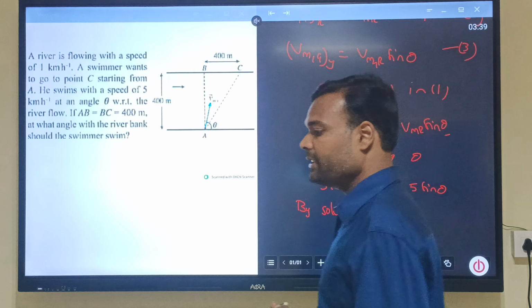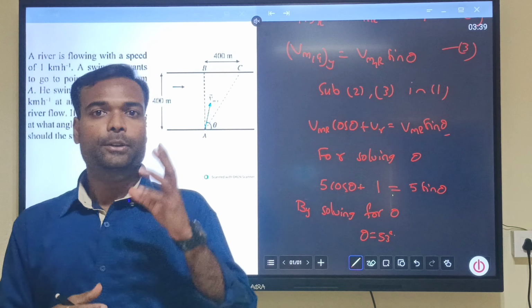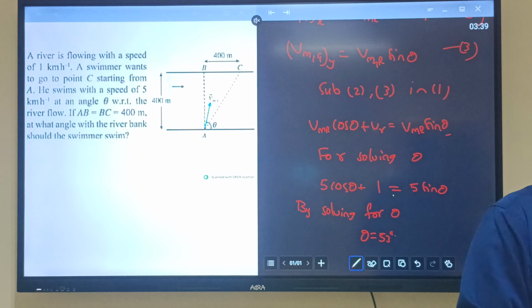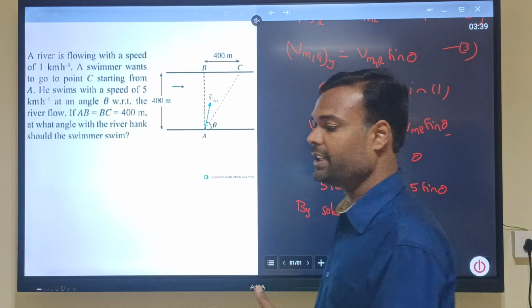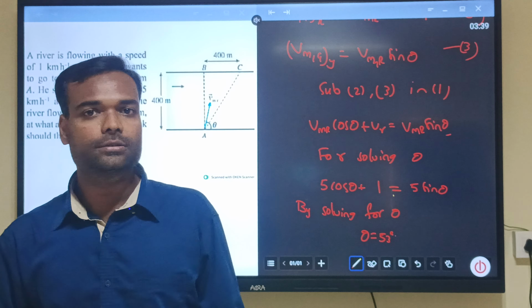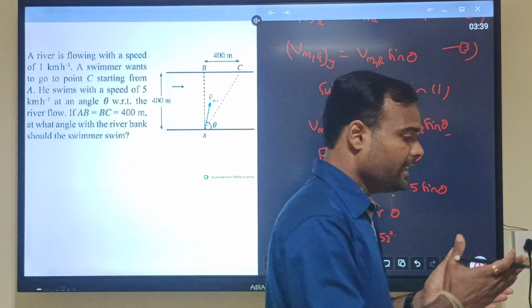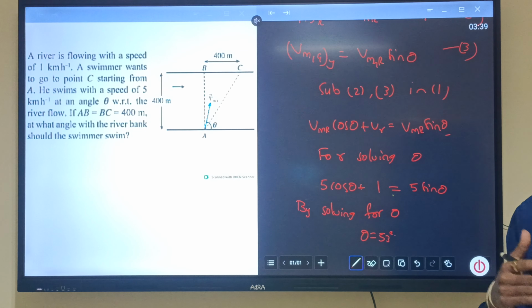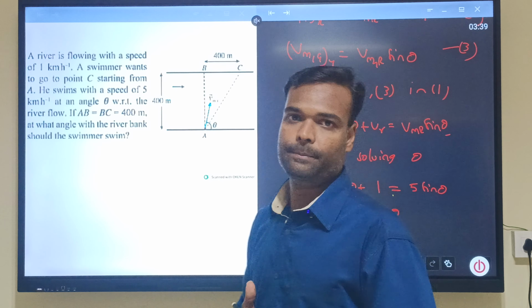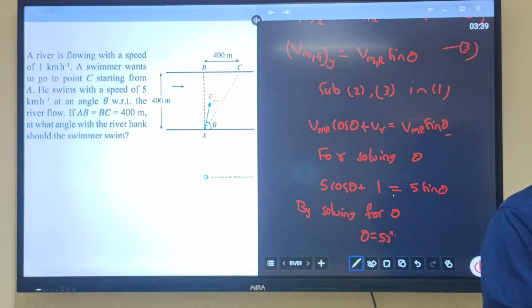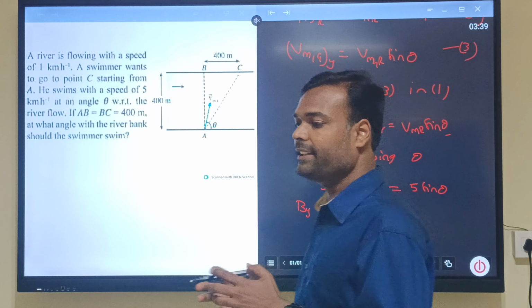In that worksheet, you have to practice using these concepts. If you clear at least 70 to 80% of the questions in your worksheet, you can easily crack your examination with a good score. I can promise that, because the level of the questions I am discussing here is a little bit hard. So once you have a clear understanding of these hard questions, then you can solve easy questions easily, right?